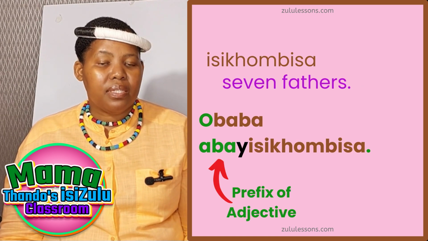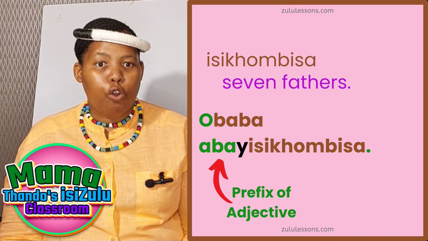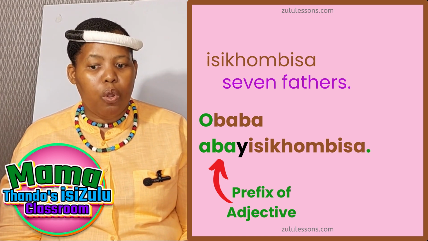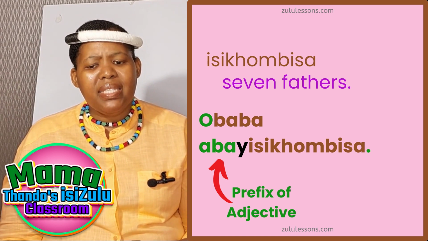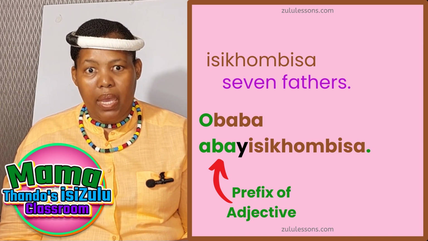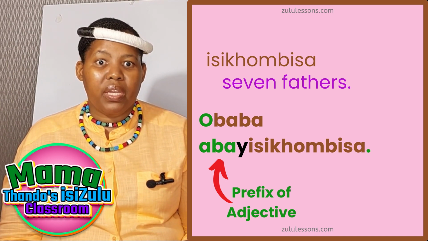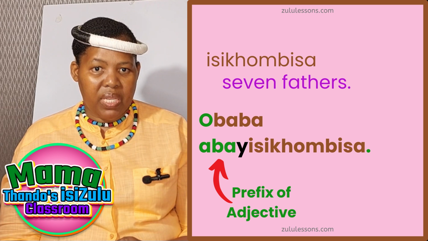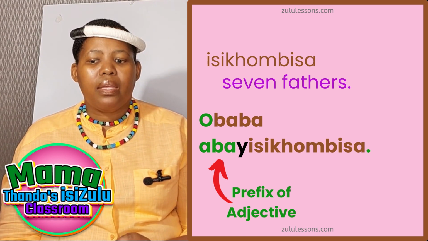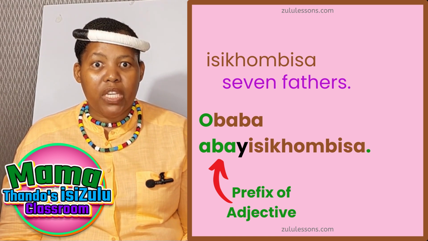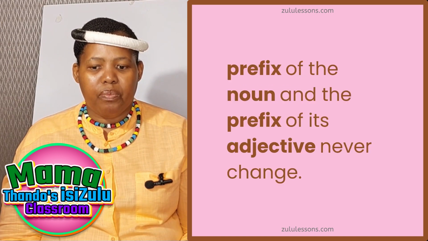We said 7 fathers are obaba abayisikhombisa. The letters aba, before the number isikhombisa, 7, is the prefix of the adjective.